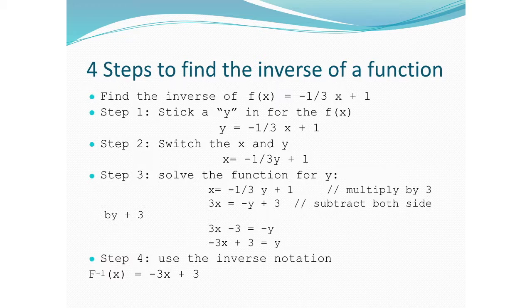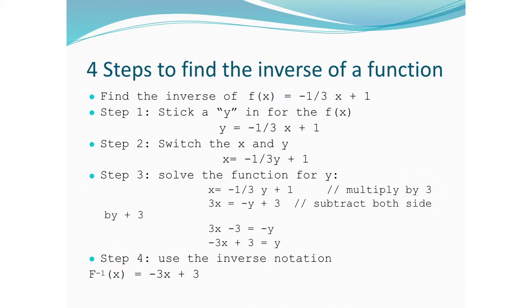Now, swap y with x, so x will be minus 1/3 y plus 1, and then you solve for y by multiplying by 3, so 3x equals minus y plus 3, and then 3x minus 3 equals minus y, so y equals minus 3x plus 3.